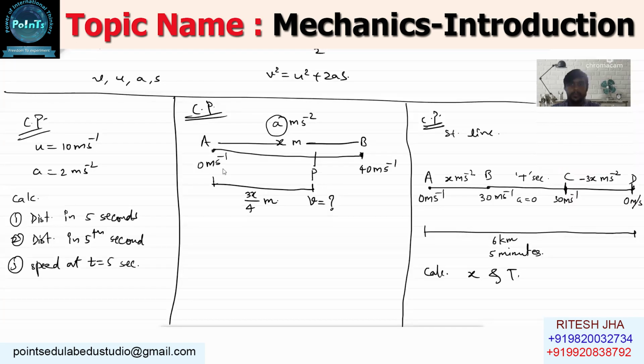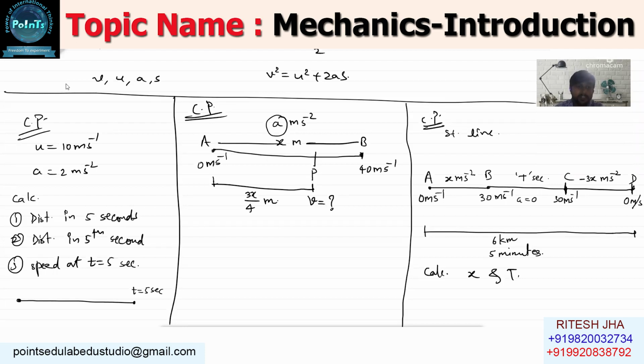Second part of the number 1. So distance in the 5th second. Suppose you are starting from here, and then in 5 seconds you reached here. So this distance is the distance covered in 5 seconds.